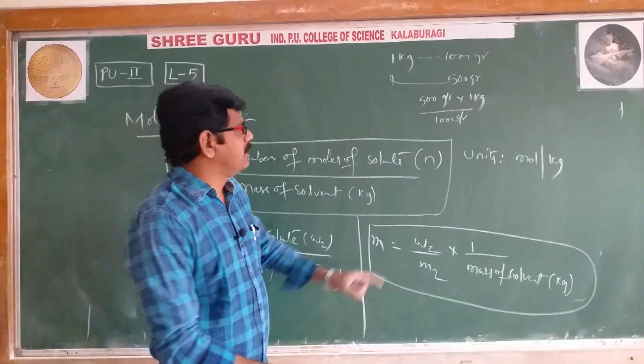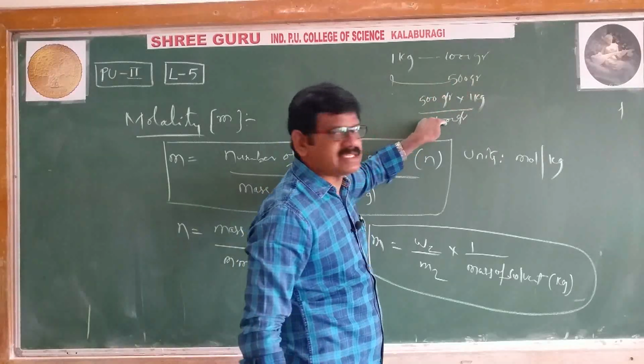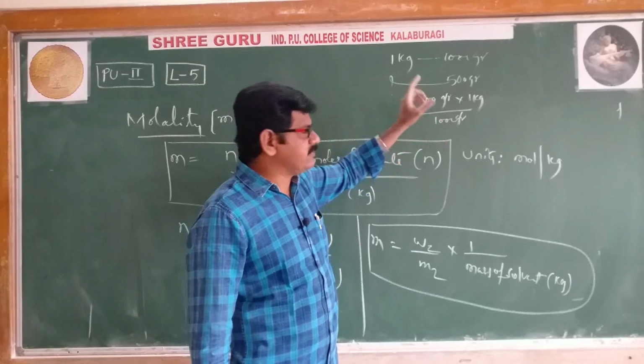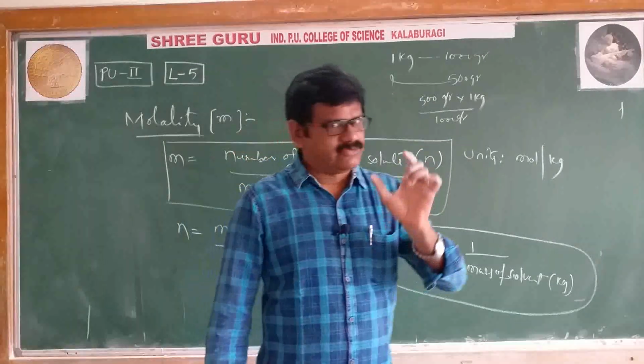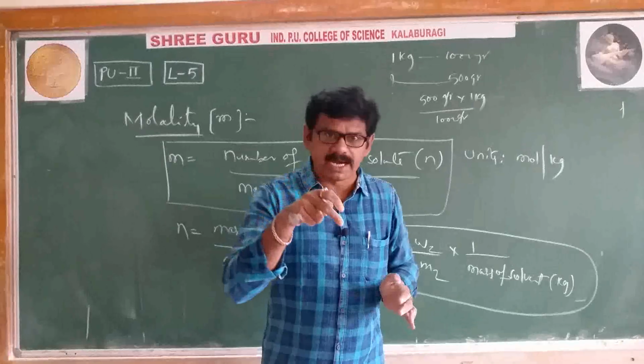Whatever grams are there, by dividing with 1000 we convert into kilograms. I'll repeat: if grams are given in the question, we have to divide that value by 1000.